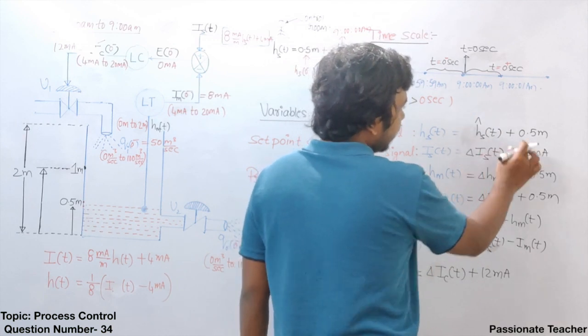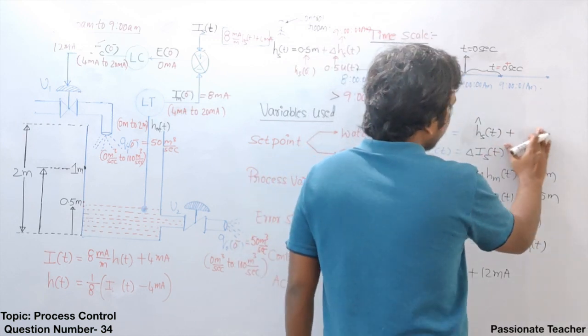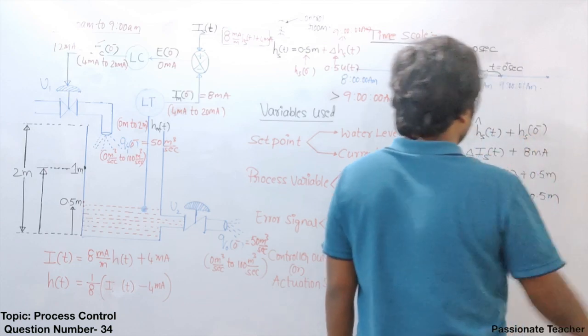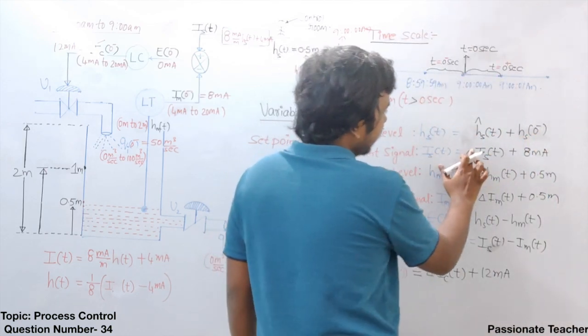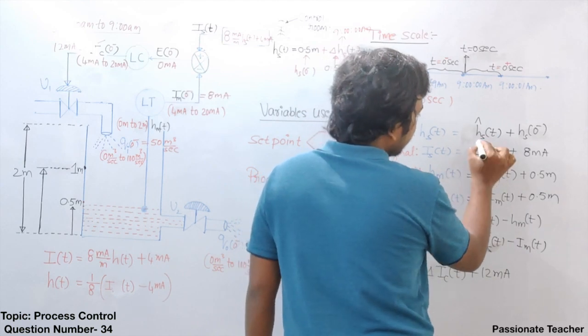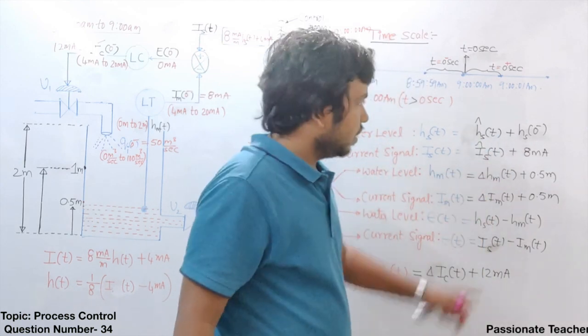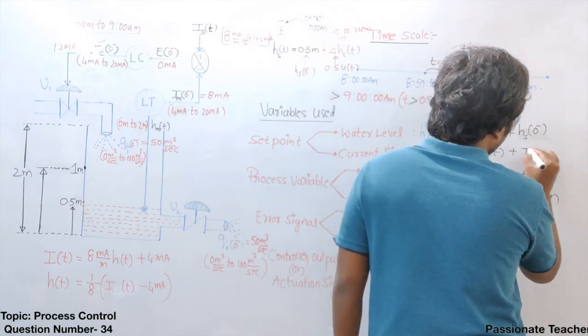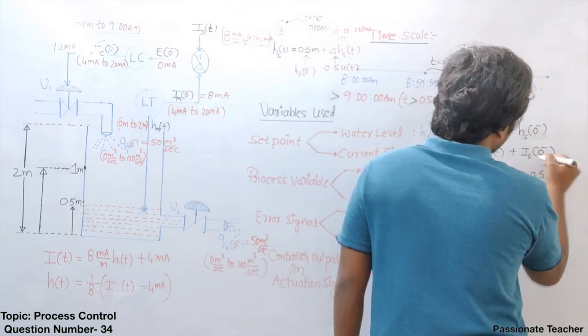This is the deviation, and 0.5 meter is the initial set point, that is Hs of 0 minus. Clear? And Is of t can be written as deviation, some deviation will come in the set point of the current. So here this should be written now as Is of 0 minus. Clear?